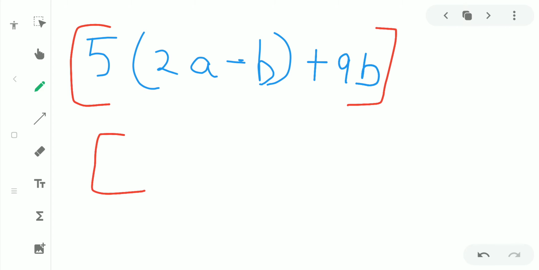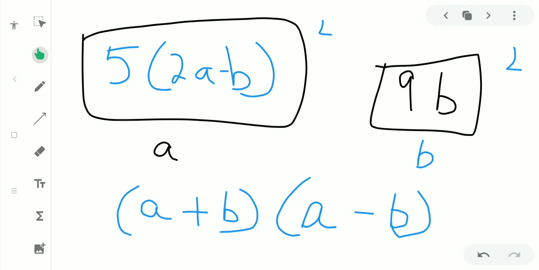Times, so we have to write here only, but I am having no space, so I am writing it over here. So we will be getting a minus b.